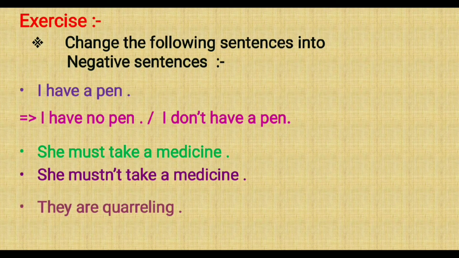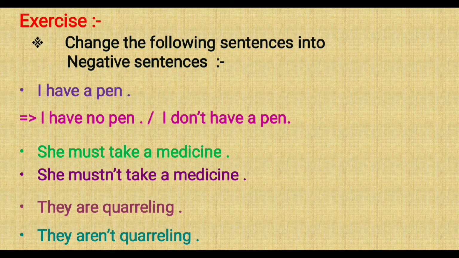They are quarreling. Quarreling means fighting. Then what will we do? What will be the answer? Yes, they aren't quarreling. I have written all the answers in contraction form. You can also write it, but just follow all the rules and write the whole spelling in a correct way.